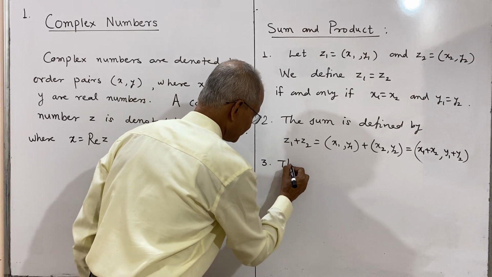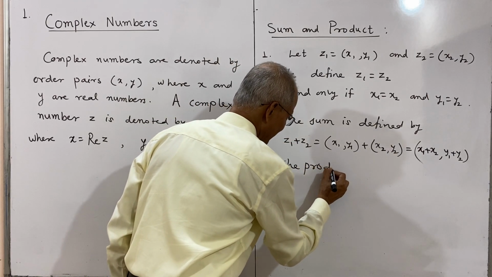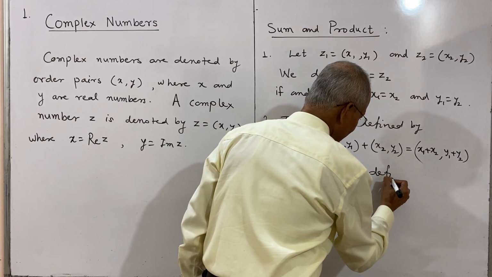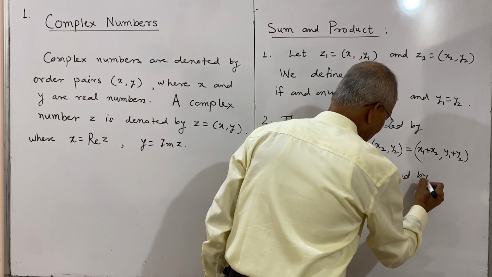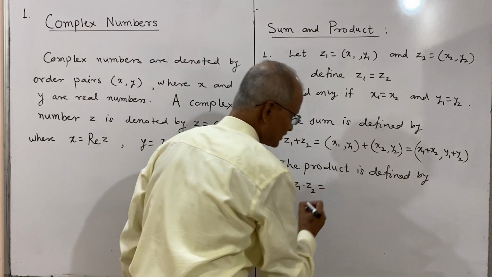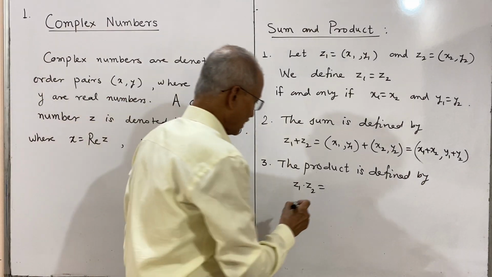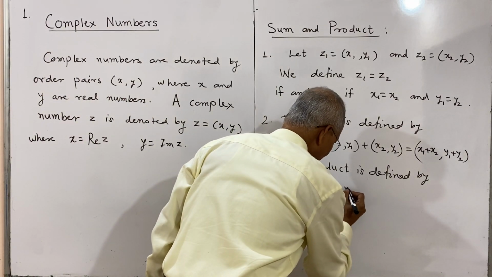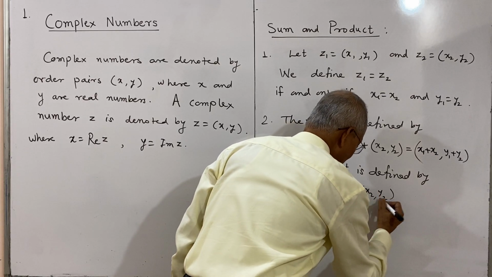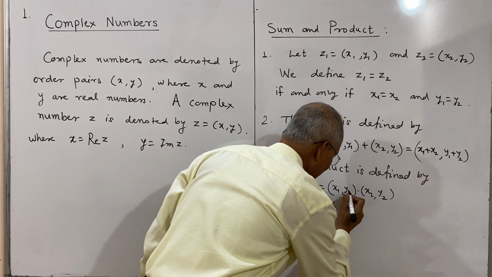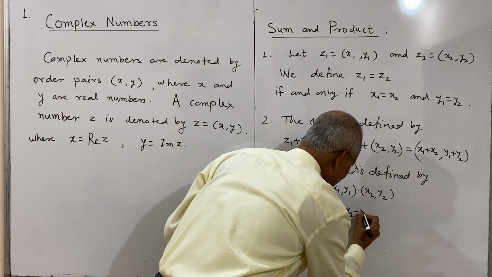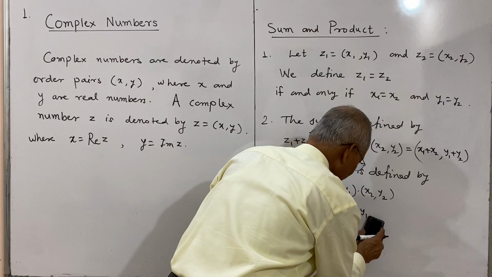The product, or multiplication, is defined by z1 into z2, which is equal to x1, y1 into x2, y2, and this is defined as x1 into x2 minus y1 into y2.